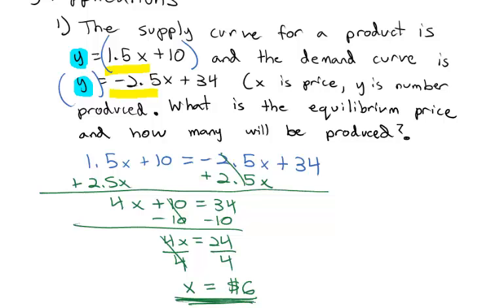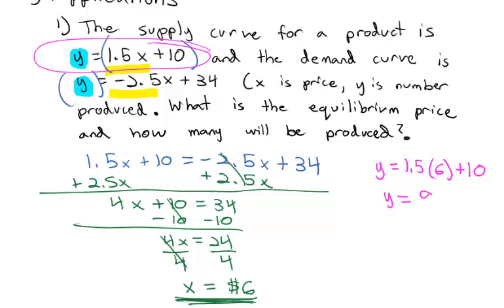$6 is what we want to charge for our product in order to have the right amount of stock to meet the demand, selling as many as we can. Now we just have to go back and find out how many is that, how many will be produced. We can go back to our original equation, either one. y, the number produced, is 1.5 times x, which is 6, plus 10.